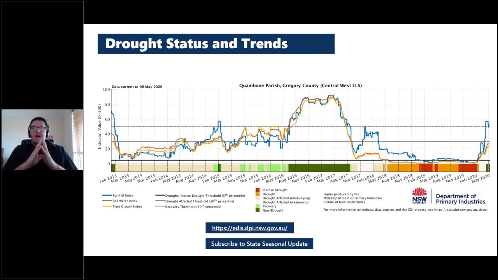We had a fairly sharp entry into that drought in 2017 after a reasonable period in 2016. A little bit of false entry into the drought, a little bit of rainfall, and then a real intensification and a prolonged event.